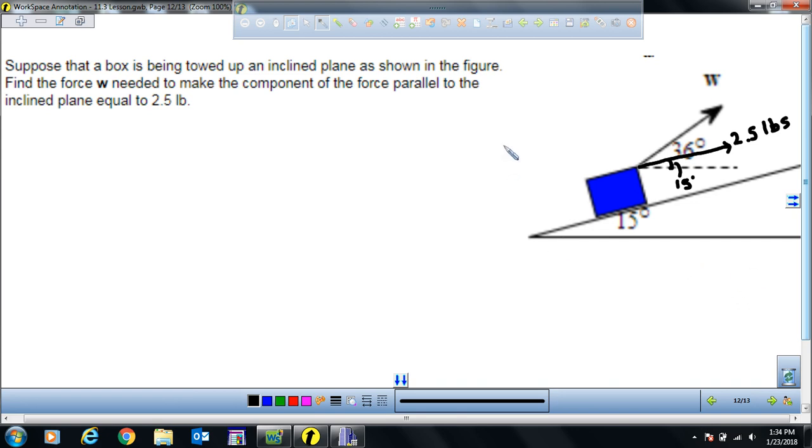Okay, that would be the force there. It would be 2.5 pounds.